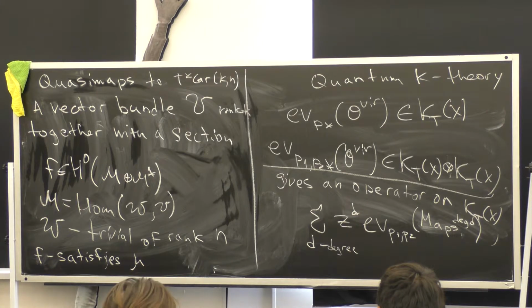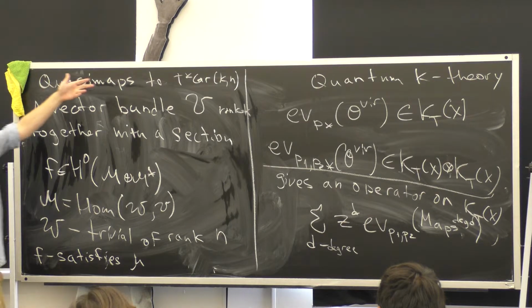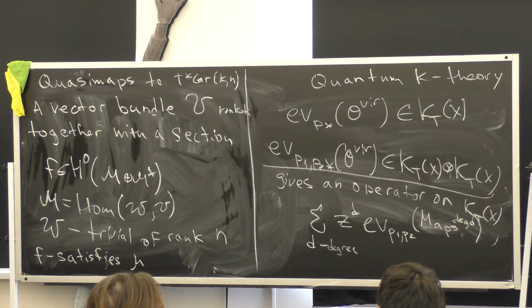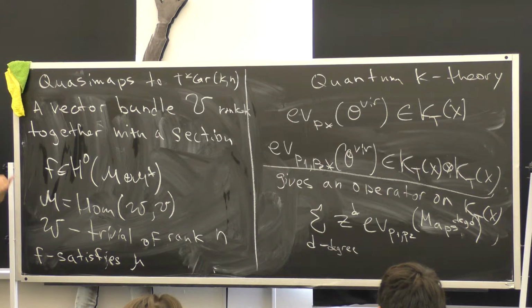This is very similar to the definition of T-star Grassmannian as a Nakajima quiver variety, only now instead of vector spaces, we have vector bundles. Right? And this means that for every point in P1, we define a point in the Nakajima quiver variety, more or less.